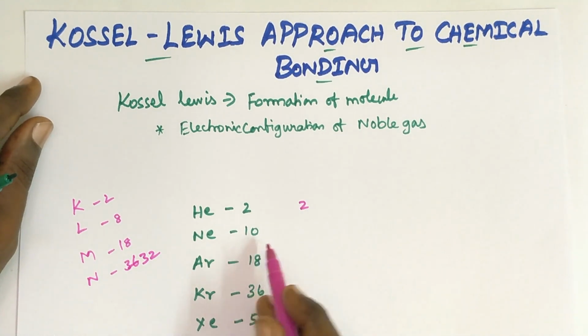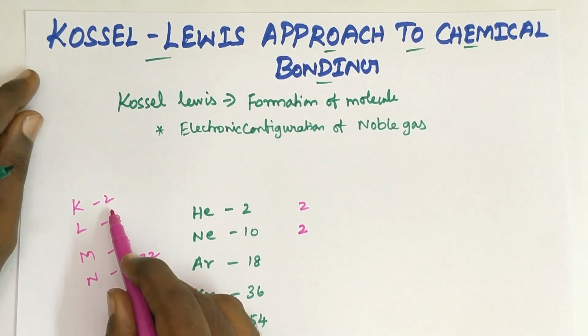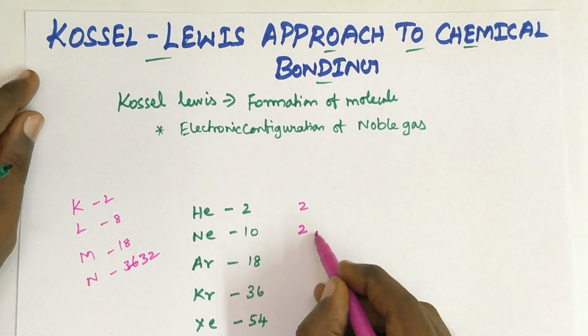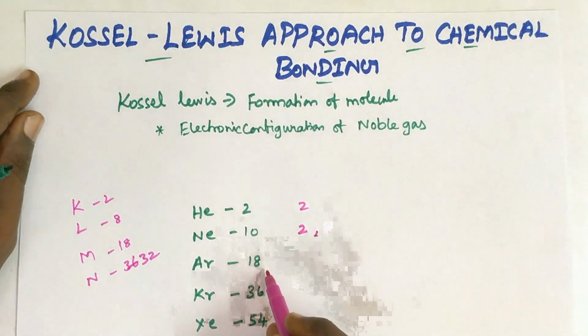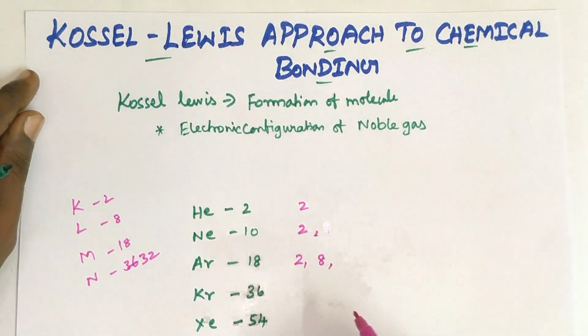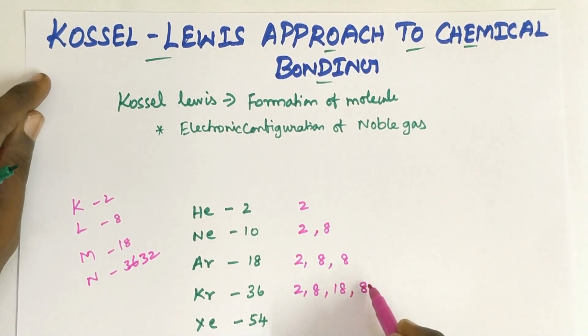For neon, atomic number 10, K shell has 2 electrons, so out of 10, 2 is filled in K shell, means the balance 8 is filled in L shell. In case of argon, 2 electrons in K shell, 8 electrons in L shell. Out of 18, 10 gone, remaining 8 in the M shell. In case of krypton, 2, 8, 18, because out of 36, 10, then 28, so the balance is 8 electrons.